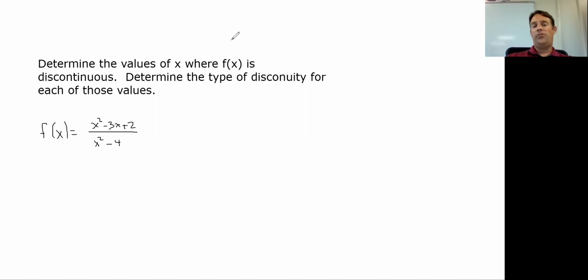So our points of discontinuity are going to exist when our denominator here is equal to 0. And again, we would want to use the limit definitions to help us out with this. But in general, if I'm looking at this graph and I were to simplify it down, I'm going to shorthand it here just because I want us to be able to see what those types of discontinuity are.